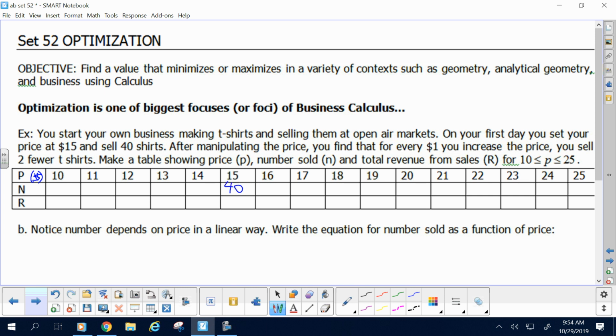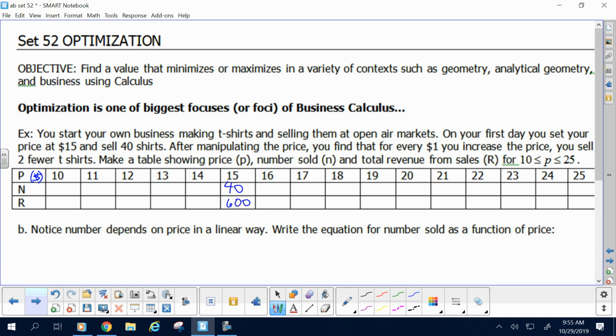It's not your profit. Profit is revenue minus expenses. We're not talking expenses here. It's just how much money you take in. So you take 600. How'd you get that? Yeah, it's $15 per shirt times 40 shirts. Shirts cancel, it's $600.